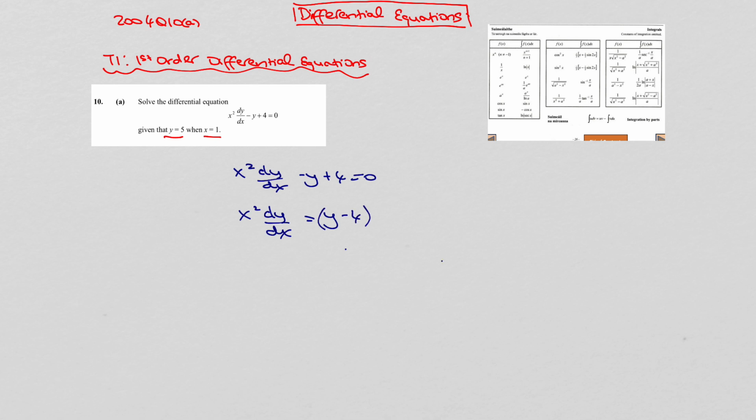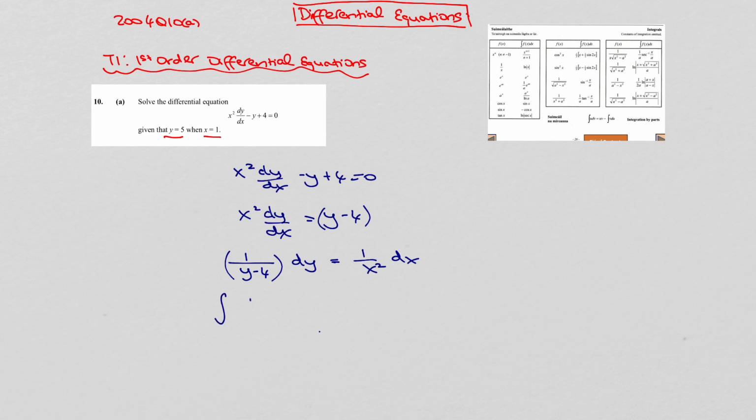And then if I divide both sides across by y minus 4 and divide both sides across by x squared, I end up with 1 over y minus 4 dy is equal to 1 over x squared. And then if I multiply both sides across by dx, I now have isolated my y on the left and my x on the right.